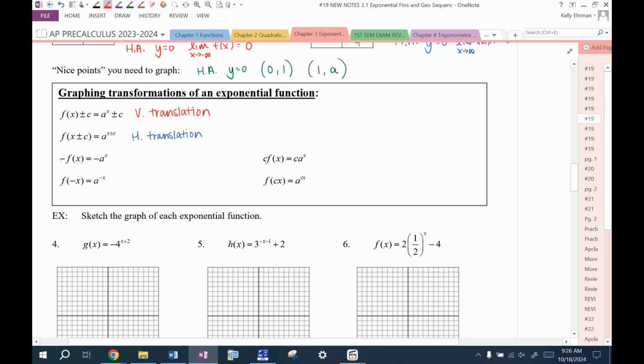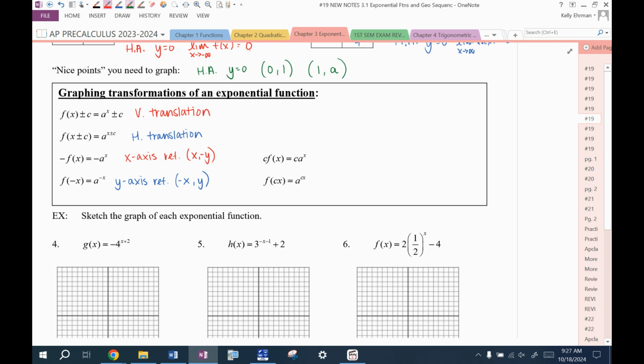If we have a negative out in front of a function, so it's not in parentheses, it's just out in front, that would be an x-axis reflection, which is when you have x, negative y. If you have a negative in the exponent, that's your y-axis reflection because the negative is inside of the function that way. That's where the x's get negative and the y's stay the same.